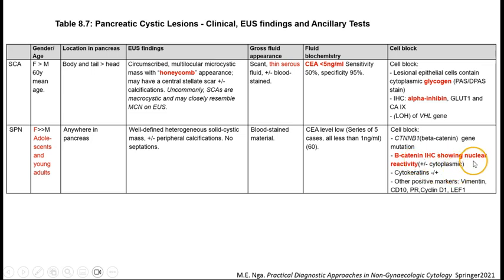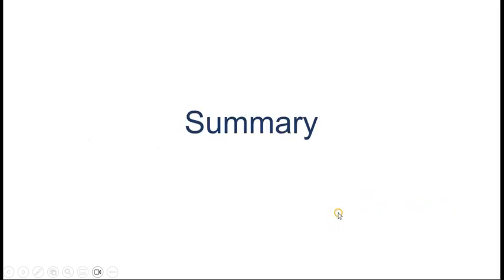Beta-catenin classically has nuclear reactivity, and it must be highlighted that the specific finding of nuclear reactivity is necessary for this diagnosis. There are many other positive markers for this tumor, including CD10, PR, progesterone receptor, cyclin D1, and LEF1.